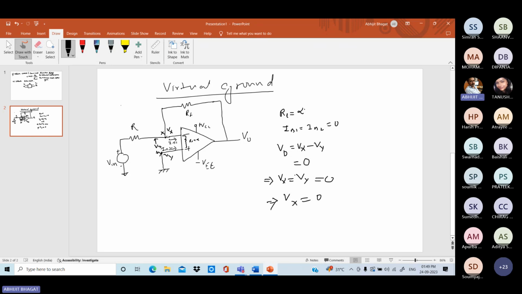You can note down here: node X is not directly connected to ground, but the voltage at this point is 0. Vx equals 0, so it is called virtual ground. Up to this, okay?